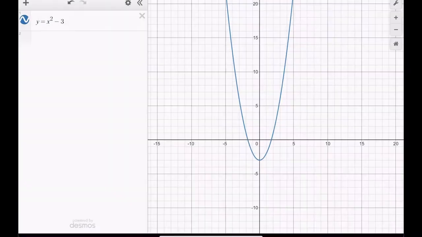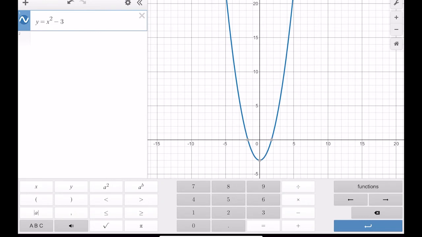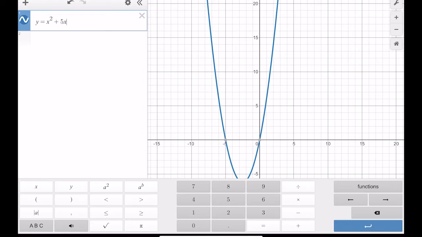You might be thinking, okay, what does that graph look like? It's just a parabola. And parabolas, they go on forever and ever in both directions. Are there any values that would give you an issue? Any values of x? Well, there's no denominator, so I don't have to worry about restricting any of those values.